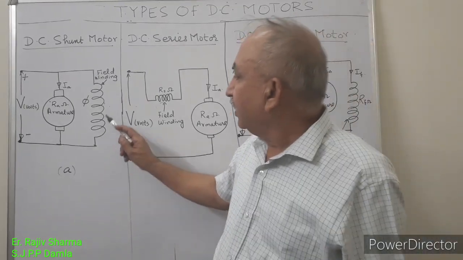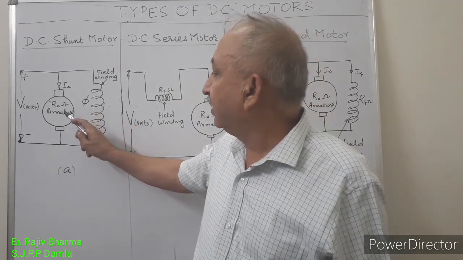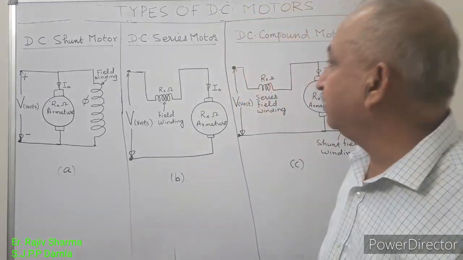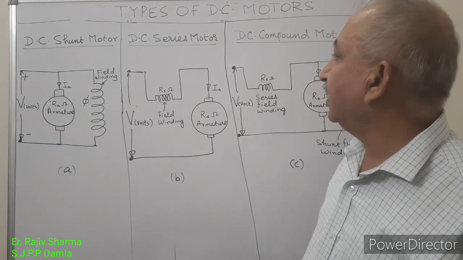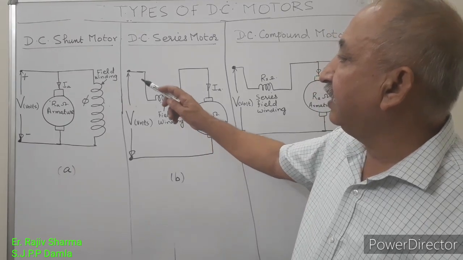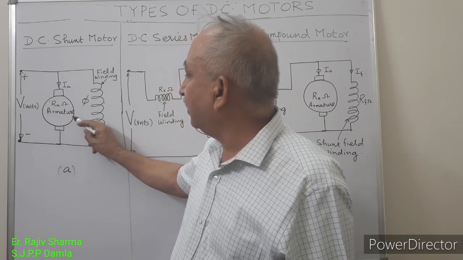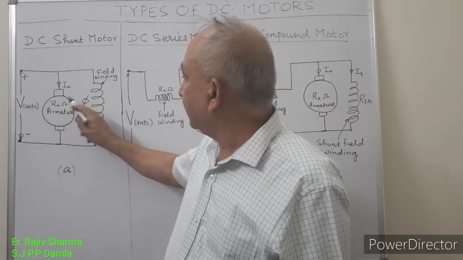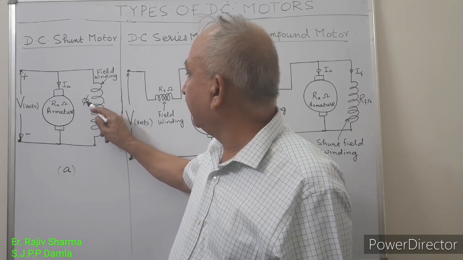Now, depending upon how the field winding has been connected with the armature, the DC motor can be classified into three types: DC shunt motor, DC series motor and DC compound motor. Let us take the first example, that is the DC shunt motor. Here this is an armature having a resistance of R ohms, and this is the field winding which is providing the magnetic flux.